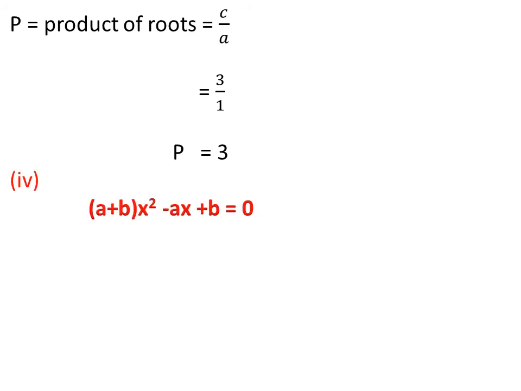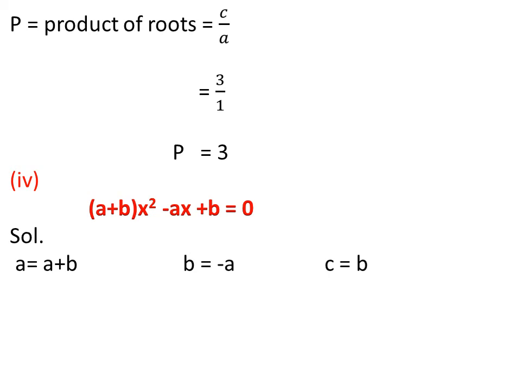In the next question, the equation is given as (a plus b) into x square minus ax plus b equal to 0. Here the value of a is a plus b, because a plus b is the coefficient of x square. The value of b is minus a, because minus a is the coefficient of x, and the constant here is b.